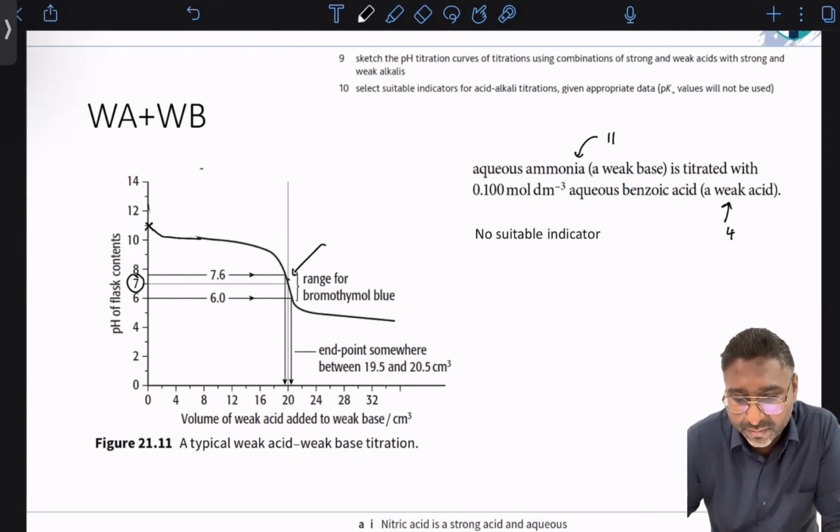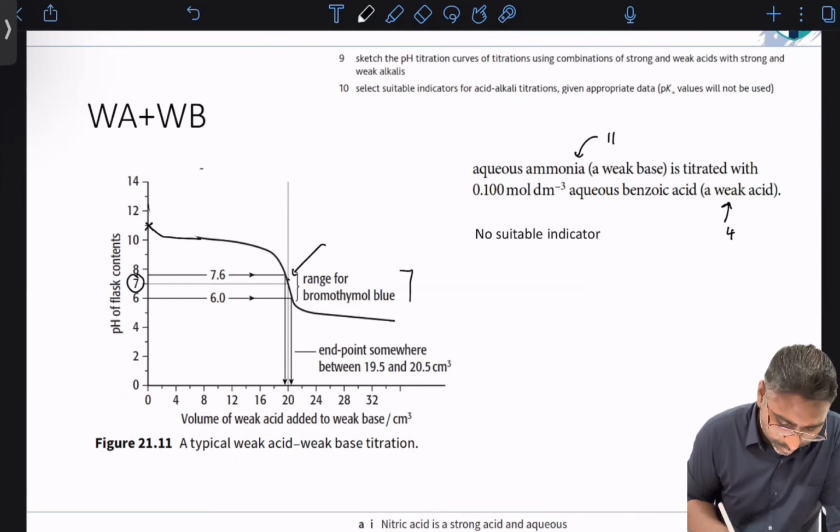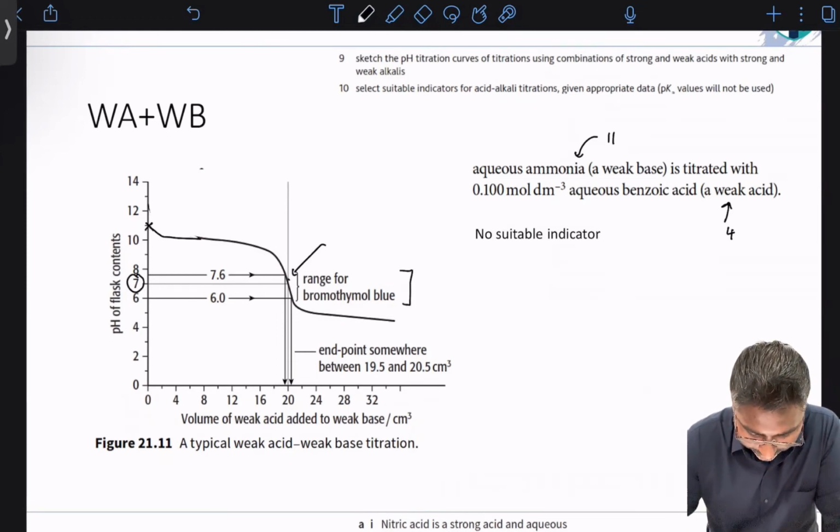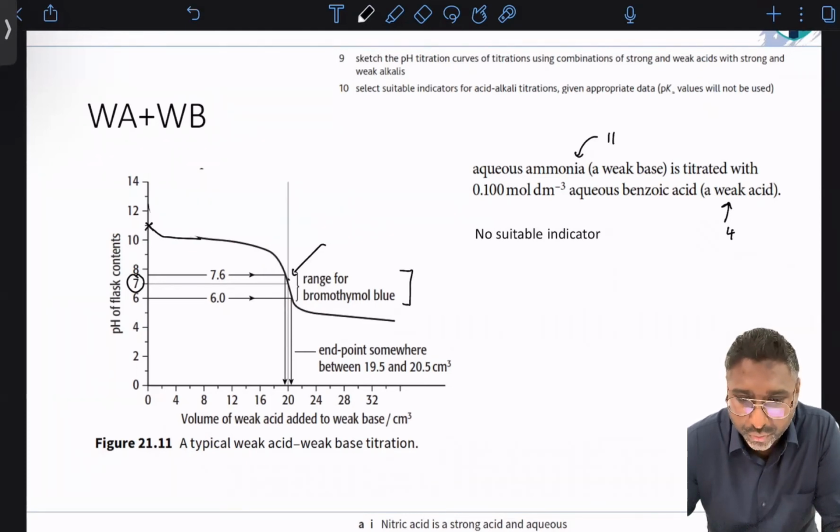Because there is no sharp fall, even though it is still bromothymol blue, the color change can still be seen, but it's not so accurate and not so useful, because whenever we use an indicator, we want something to change immediately.